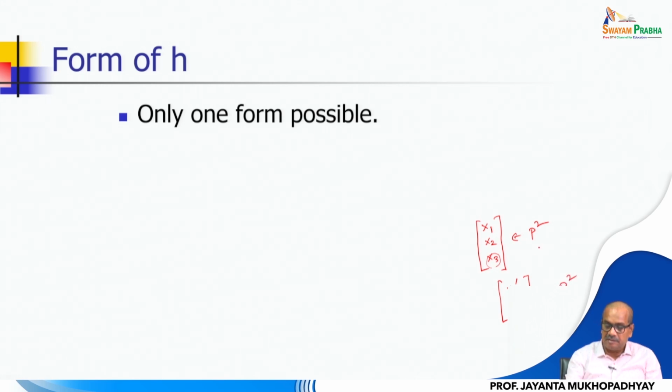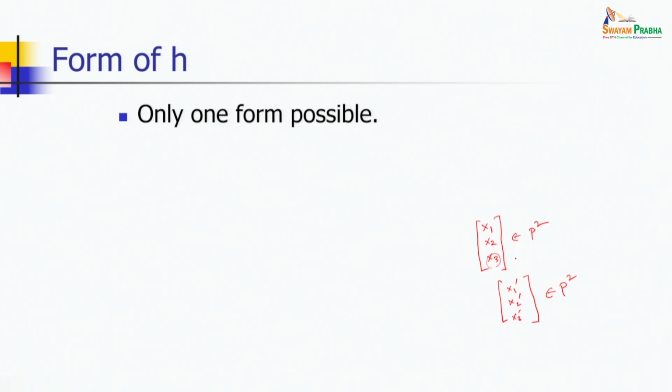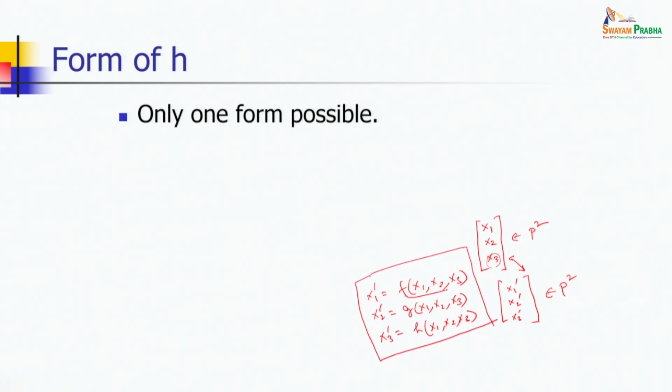These are two different projective spaces, and you have a transformation, which means I may write x1 prime equal to some function of x1, x2, x3, x2 prime equal to some function of x1, x2, x3, and x3 prime is some function of x1, x2, x3. So I can consider this kind of relationship where the functional form is not yet specified. We say that these are the functions. That is what a transformation is.